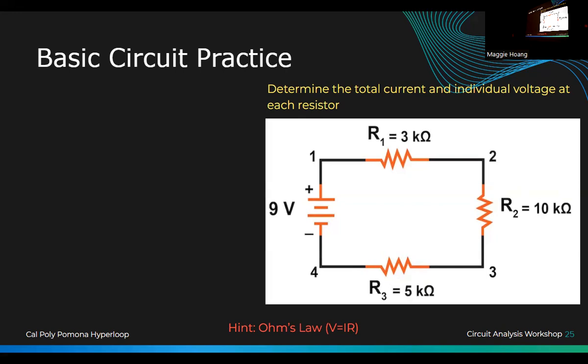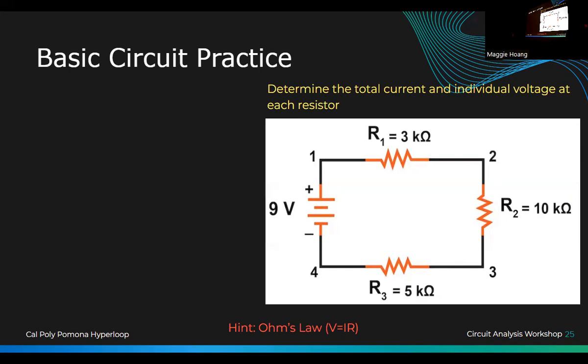Right, so if the total current is the same, then how do we find the individual voltages? You could use voltage divider. You could also, since everything's in series, just use Ohm's law.